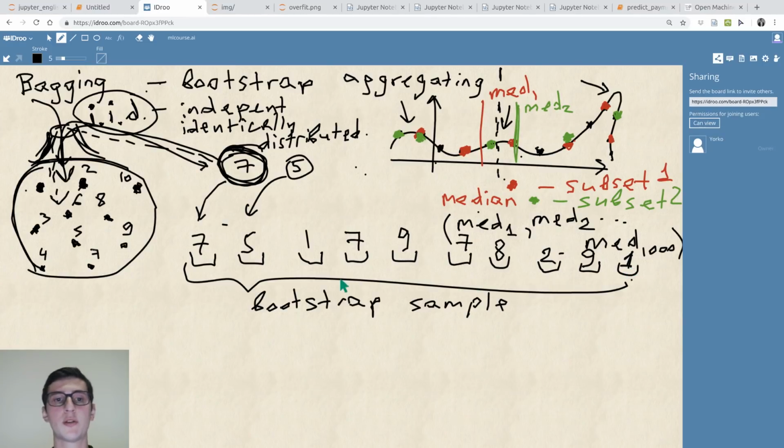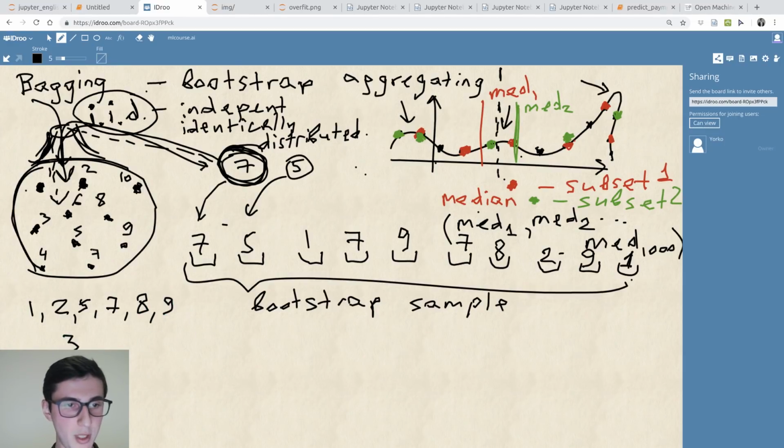And you see we've got balls number 1, 2, 5, 7, 8, and 9 in our sample, but balls number 3, 4, 6, and 10 are out of sample. These are out of our sample.